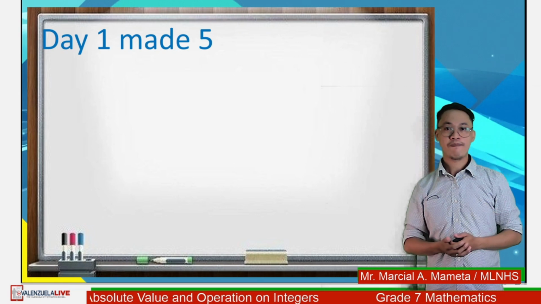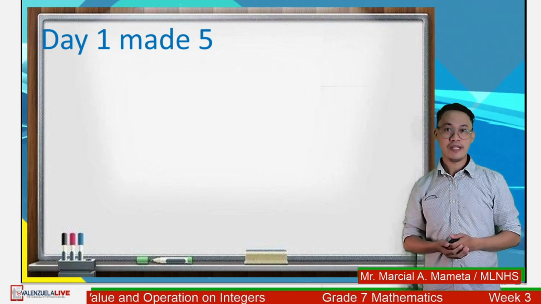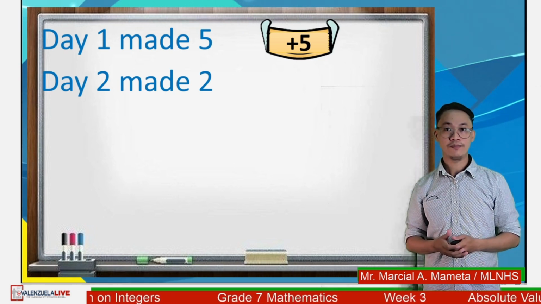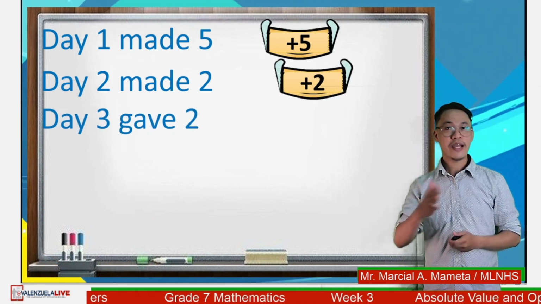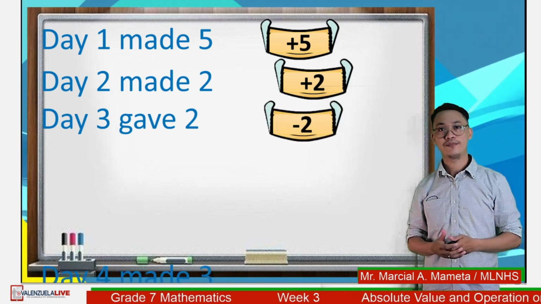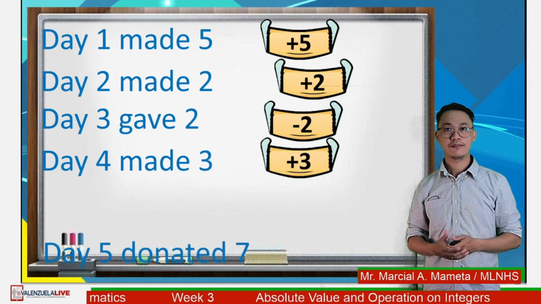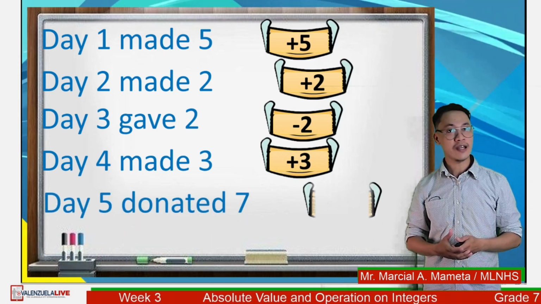On day 1, made 5 pieces. Day 2, made 2. Day 3, gave 2. Day 4, made 3. Day 5, donated 7.